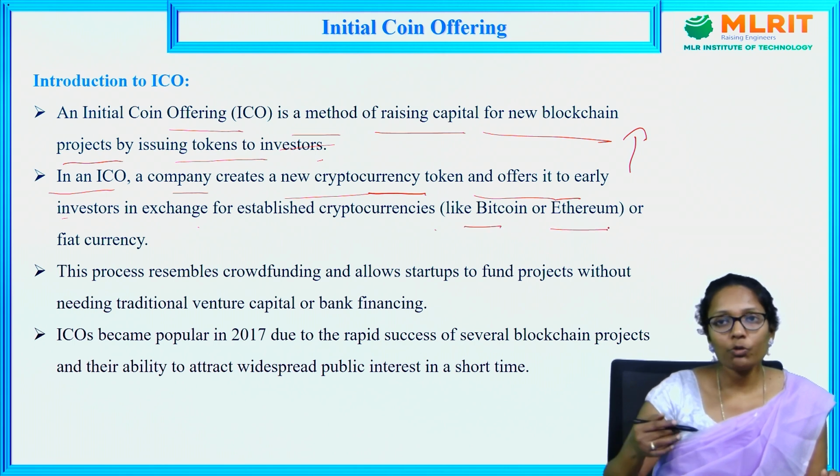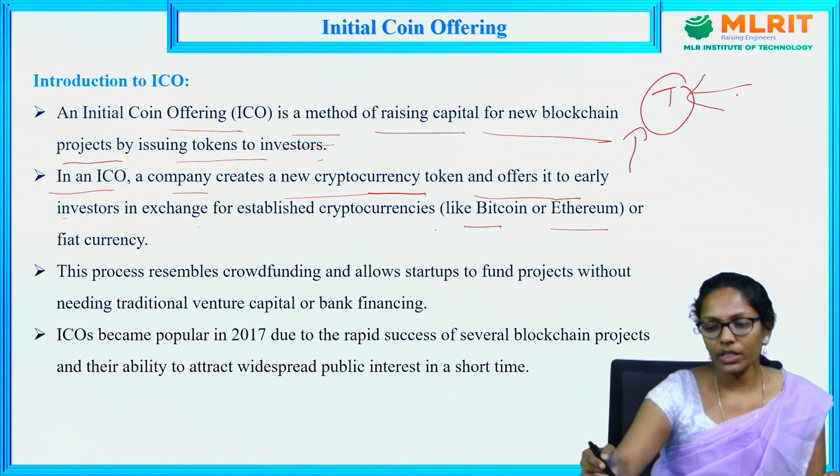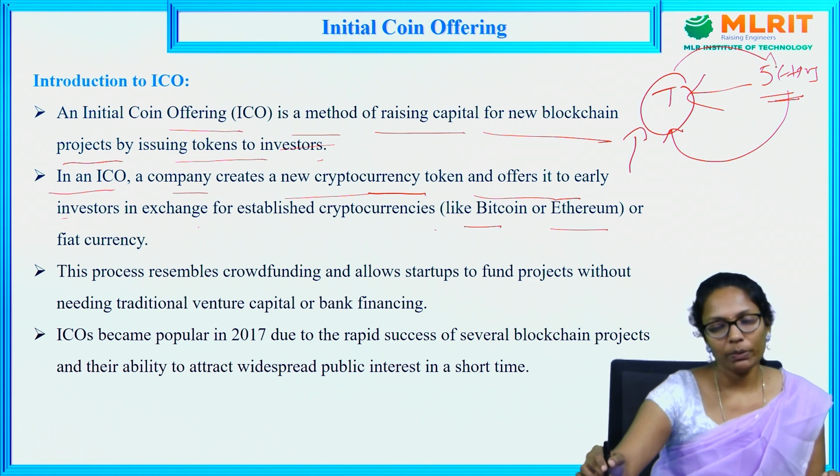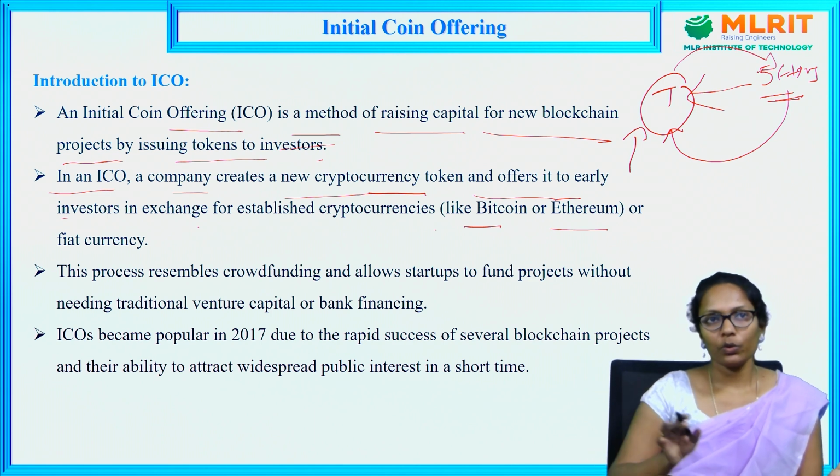Instead of that, you're giving some tokens, so you're just selling the tokens. For one token, you're charging some 5 ethers or something like that. So the investor should already have a cryptocurrency or digital currency in his wallet, and in place of this digital currency, the tokens will be transferred. That is the process of ICO.